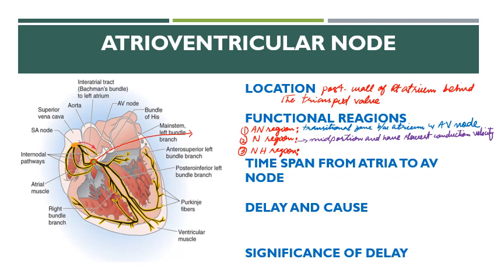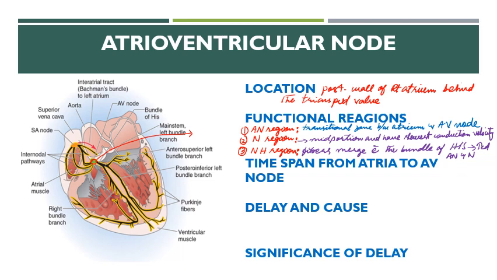NH region is the zone in which nodal fibers gradually merge with the bundle of His, and this portion of AV node has highest velocity as compared to AN and N regions.